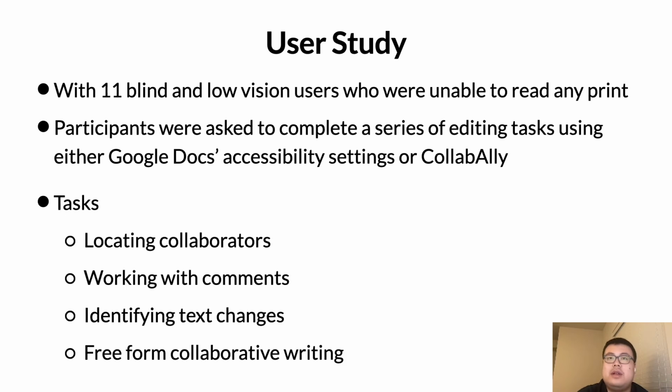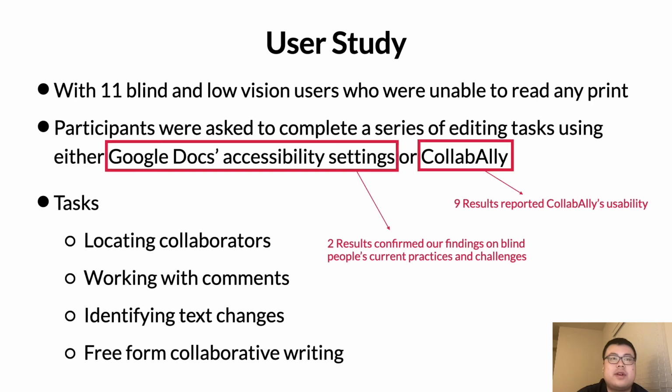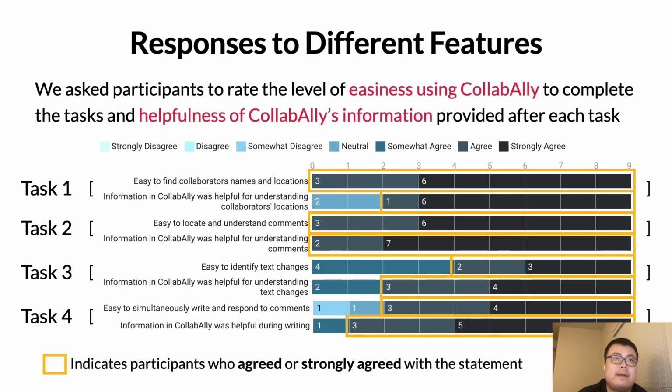The tasks included the 3 main collaboration activities we defined, which are locating collaborators, working with comments, identifying text changes, and one free form writing task, in which we asked participants to answer a few open-ended questions freely. 2 results from participants who used Google Docs confirmed our findings on blind people's current practices and challenges, and the other 9 results reported CollabAlly's usability.